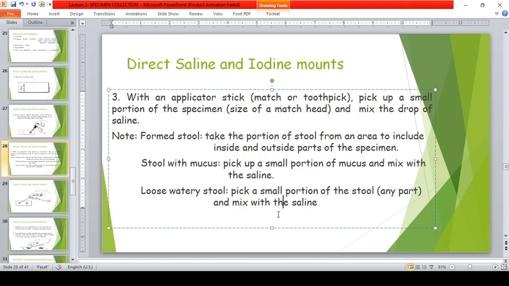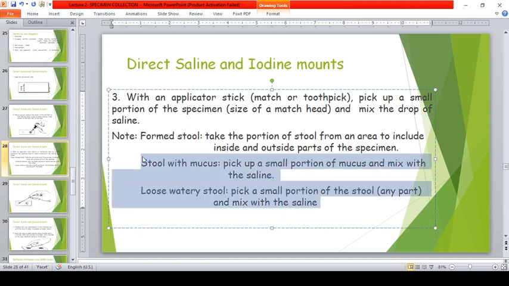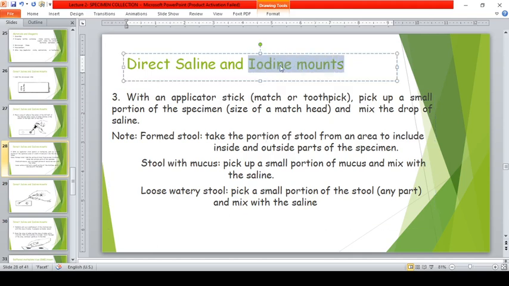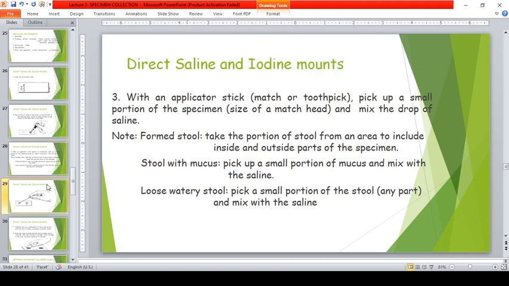Because most likely, guys, what we have here are trophozoites. Okay? Hindi kagaya sa formed stool na cyst ang pwede natin makita. So, para mas maganda yung staining property, you can use iodine mounts. Okay?